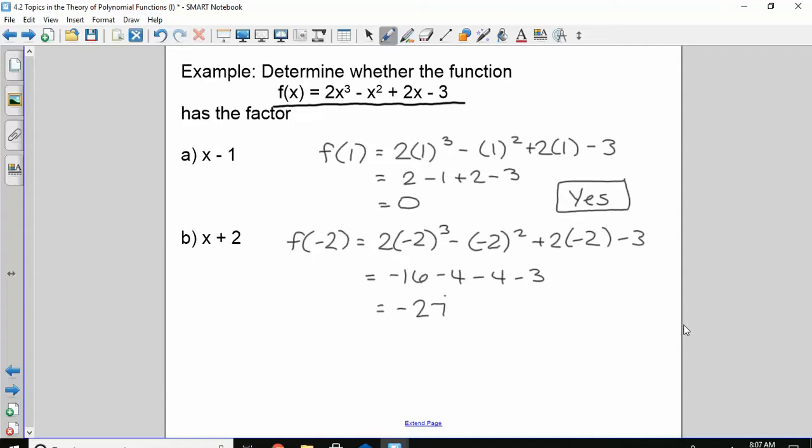You guys get -27? So is this one a factor? No. All right.